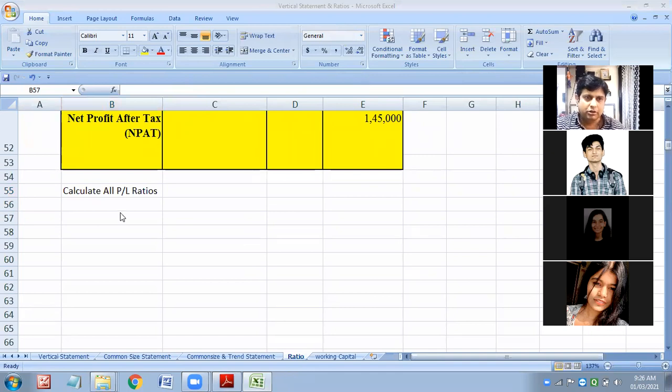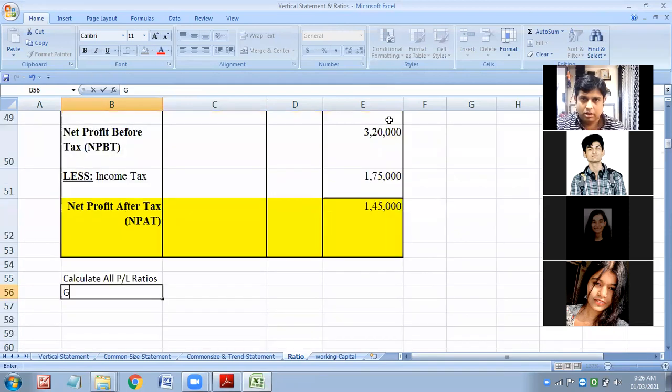The first one was gross profit ratio. So let me write one by one. First one is gross profit ratio.